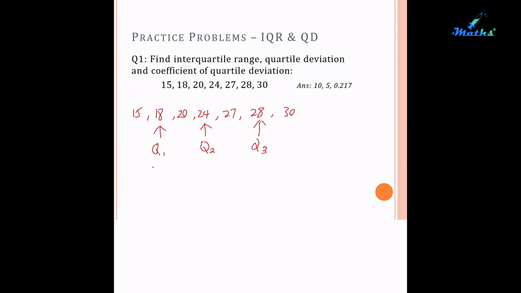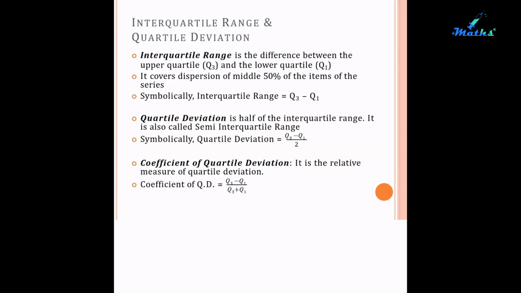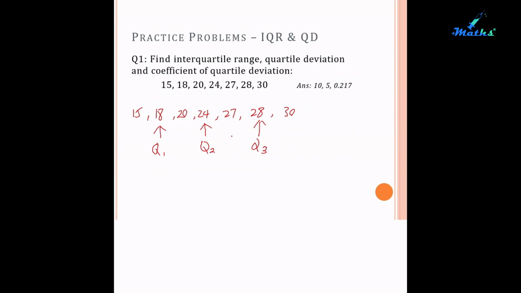Okay. So we need to find the interquartile range, right? The function of interquartile range is equal to Q3 minus Q1, which is equal to 28 minus 18. So the answer is 10.